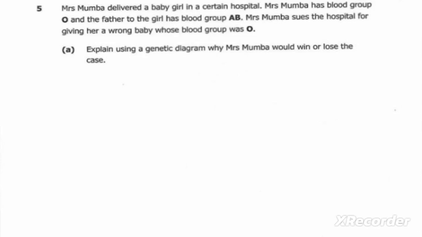To attract 8 marks, we are going to start with the parental phenotype, parental genotype, separation of gametes, the first filial generation offspring genotype, also the second filial generation offspring phenotype.